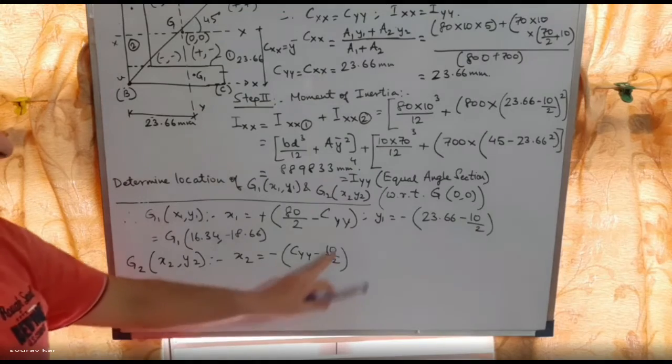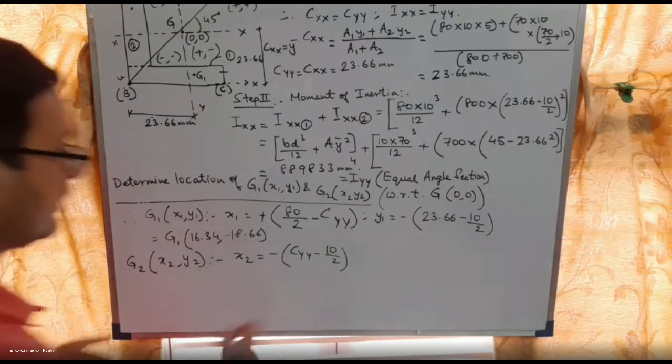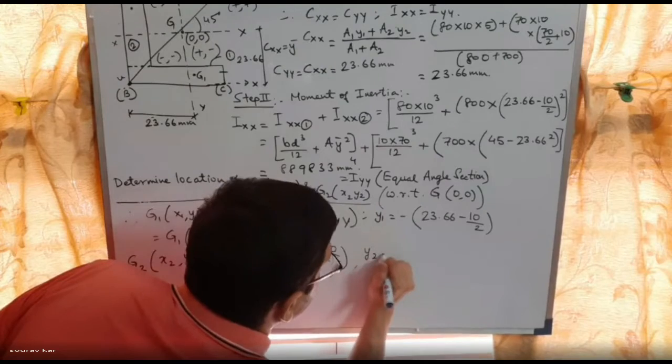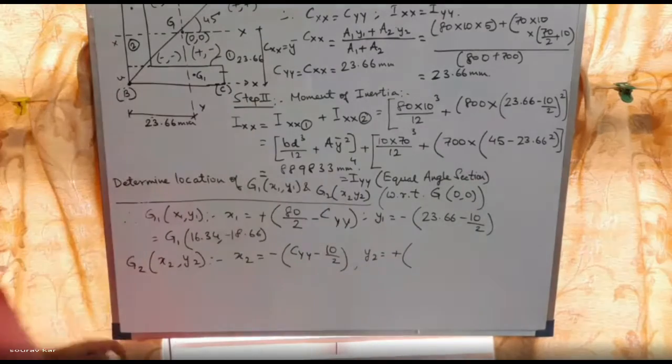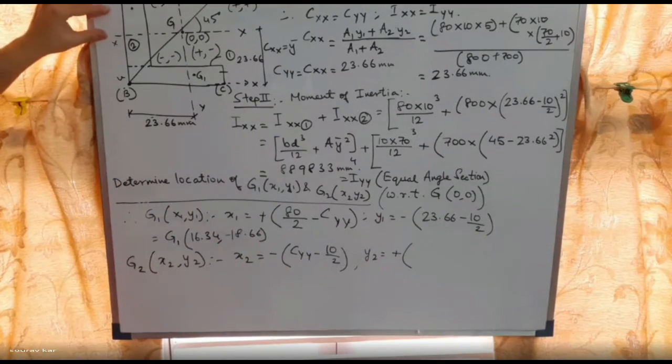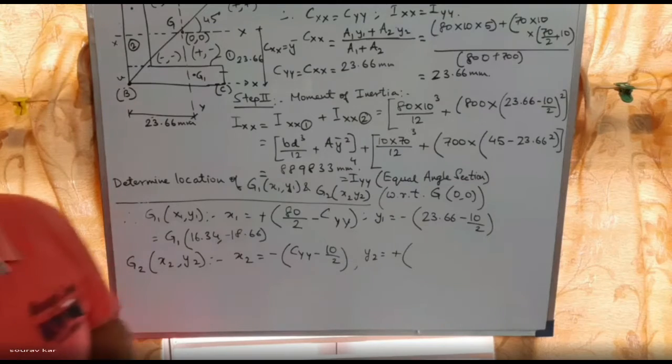So CYY minus 10 by 2, and y2 will be positive. y2 will be this gap, this height. So how much it will be?